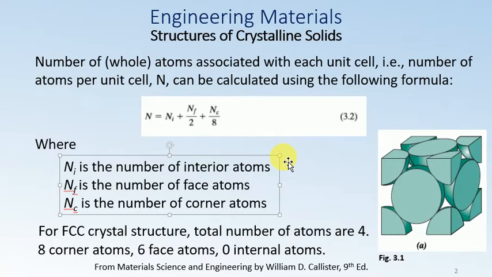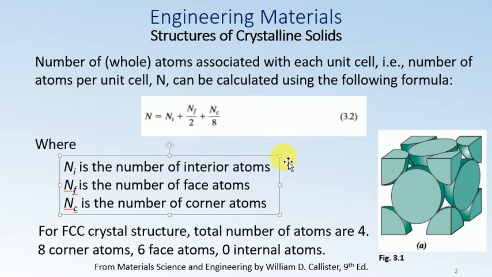1 atom in total from the corners, and 3 from the faces. It becomes a total of 4 complete atoms present within the FCC crystalline structure. There is no internal atom present in FCC crystal structures.